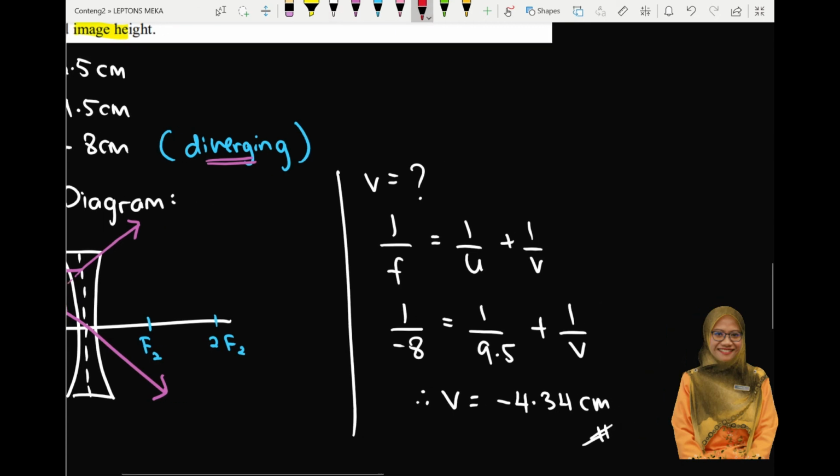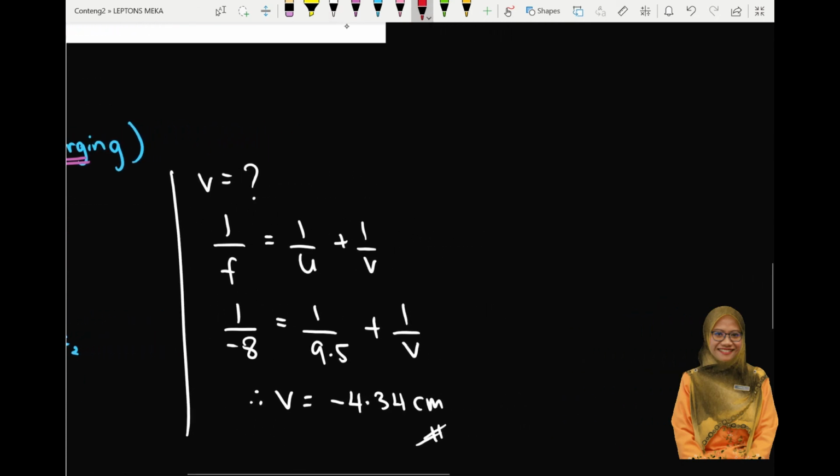Okay, so as usual, we just state the characteristic of the image. When the V is negative, it means it is a virtual image. Virtual pair dia adalah upright.